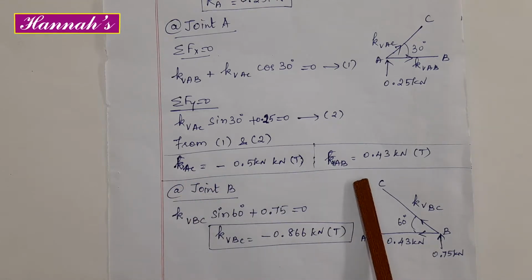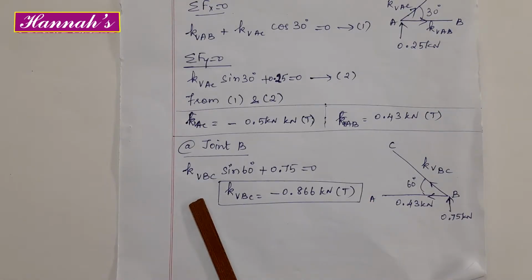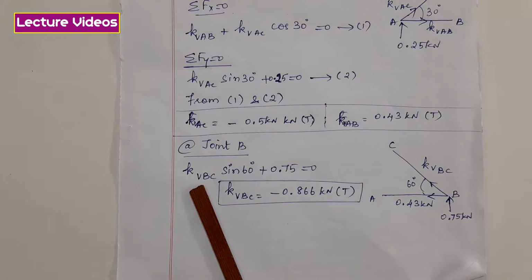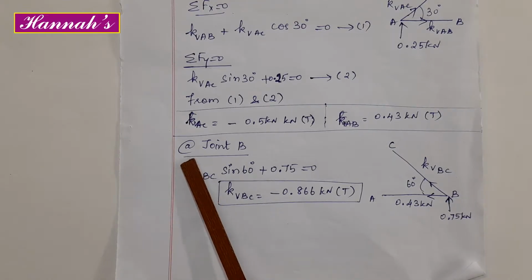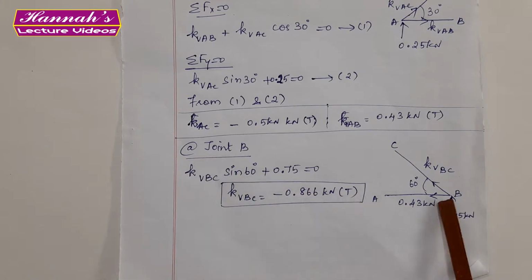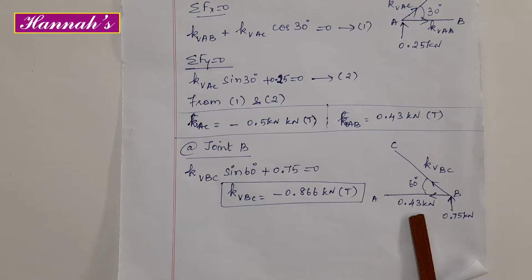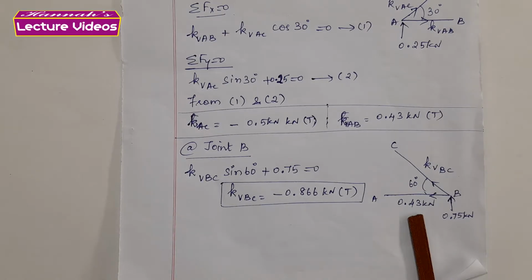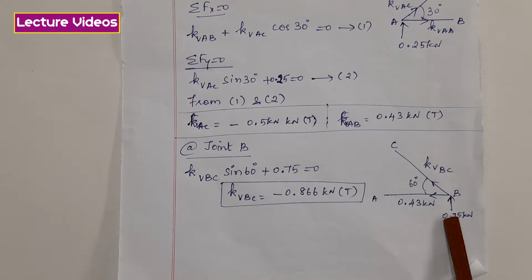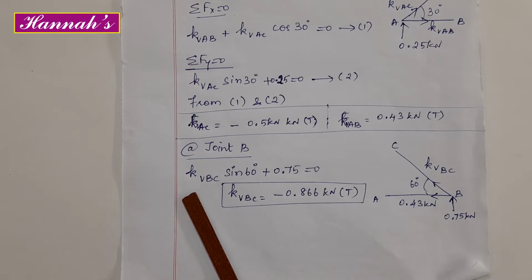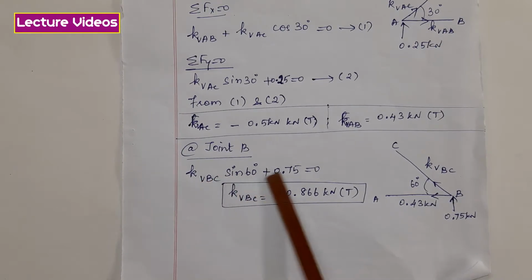That is what is shown here. The member force in one more member has to be determined, that is KVBC. So I have considered joint B. At joint B, there are two members shown. The value of BA is already known by determining the value of AB. With the reaction at B, I made use of the relation sigma Fy equal to 0.